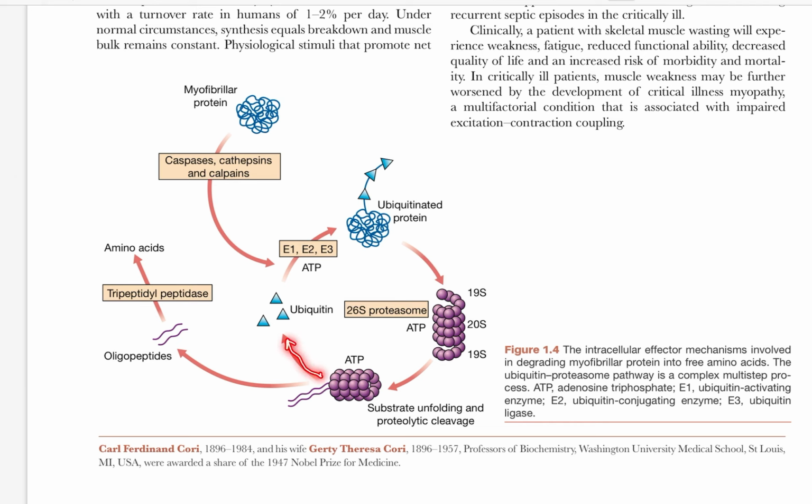Ubiquitin from the ubiquitinated protein is released, and ubiquitin again reacts with the myofibrillar protein to form ubiquitinated protein with the help of ATP and these enzymes.